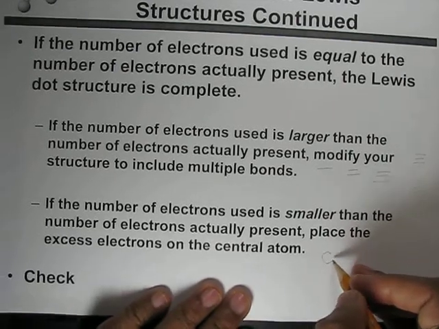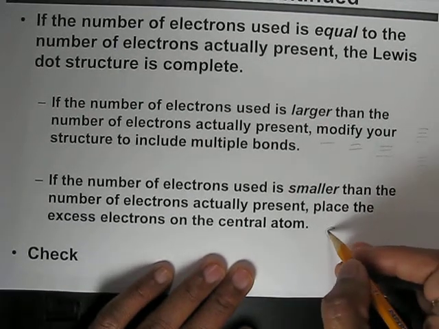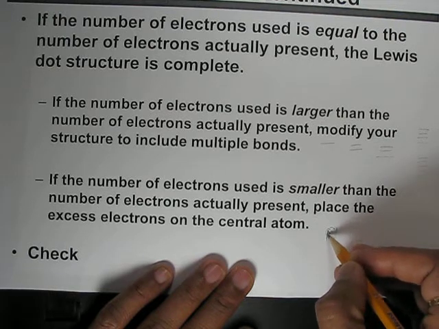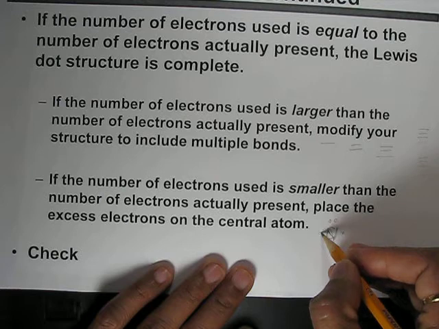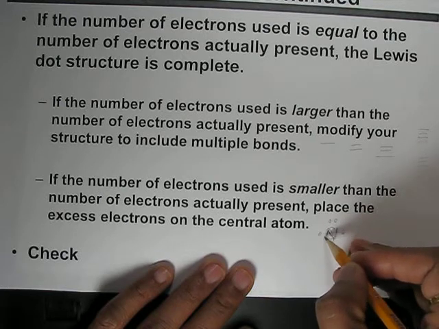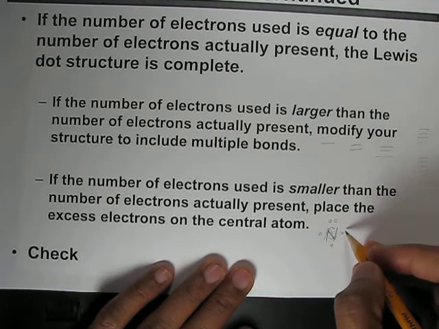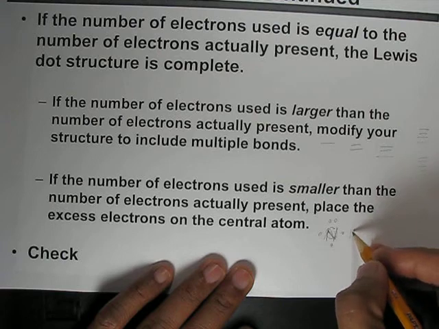For example, nitrogen as the central atom. Nitrogen has 2 electrons which are usually extra. It has a total of 5 electrons. Take ammonia as an example.